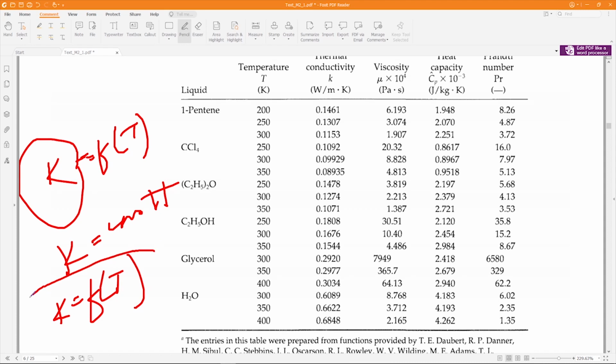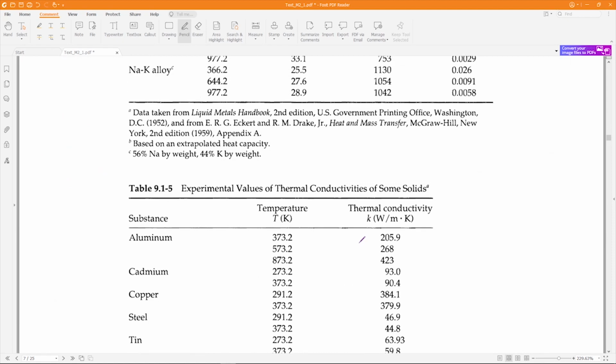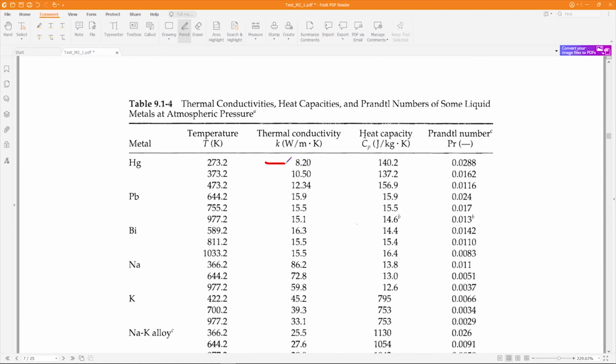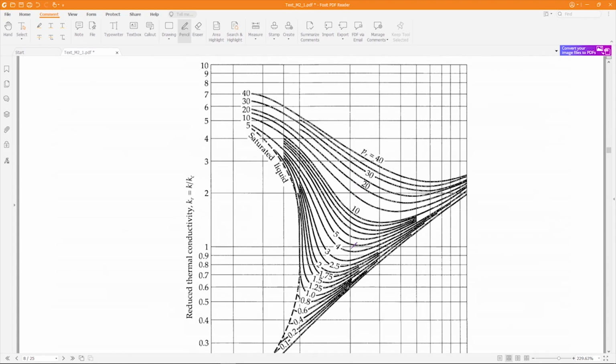So let's see how the thermal conductivity varies with temperature for different types of materials like liquids and gases. You can see from this graph also. But let's see the graph.